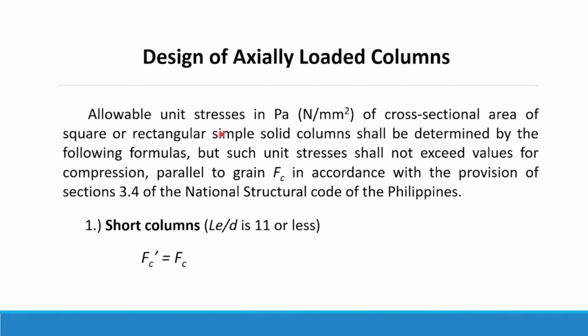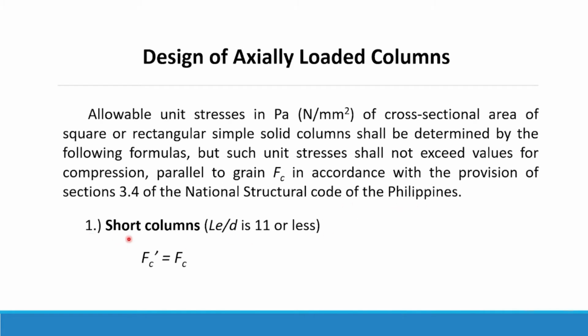And for allowable unit stresses in MPa, or Newton per millimeter squared, of cross-sectional area of square or rectangular simple solid columns shall be determined by the following formulas, but such unit stresses shall not exceed values for compression parallel to grain, or F sub C, in accordance with the provisions of section 3.4 of the National Structural Code of the Philippines.